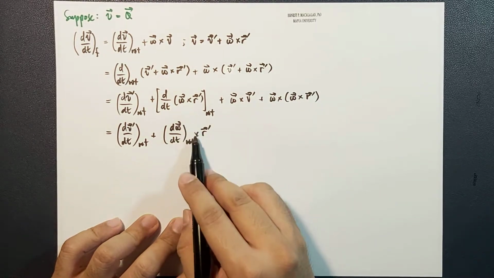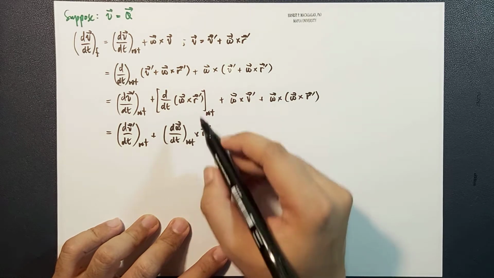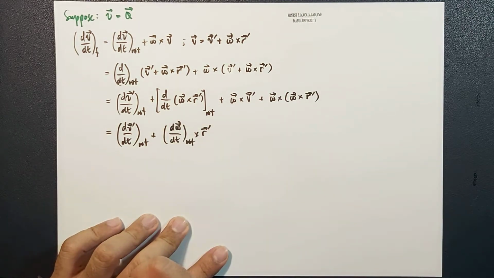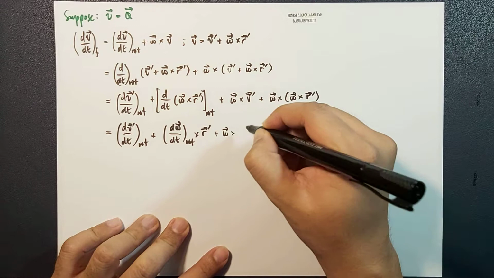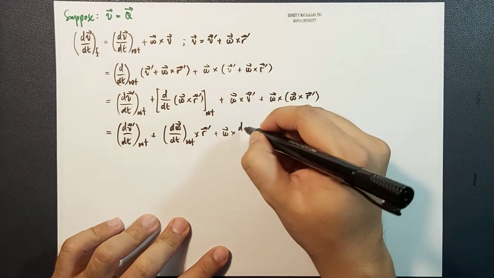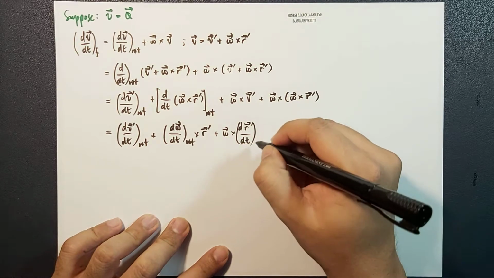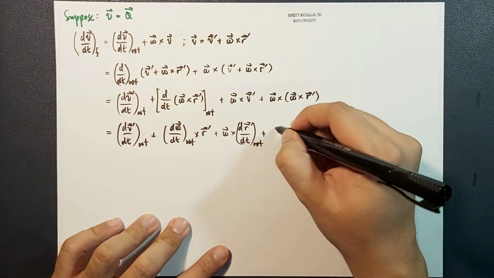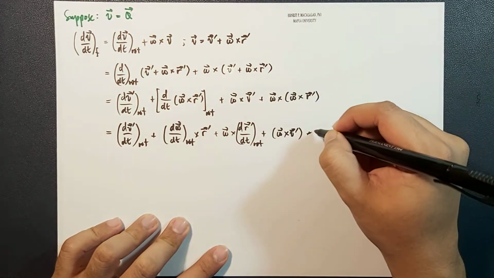Remember, when you're dealing with the vector product or cross product, the order should be maintained. Okay, so the second term would be omega cross the derivative of r prime with respect to time in the rotating frame, plus this one and this one.